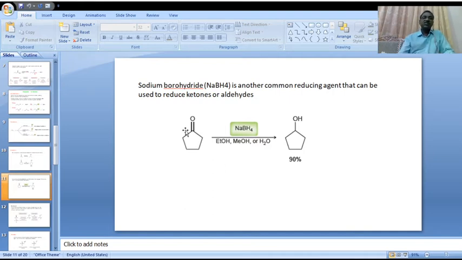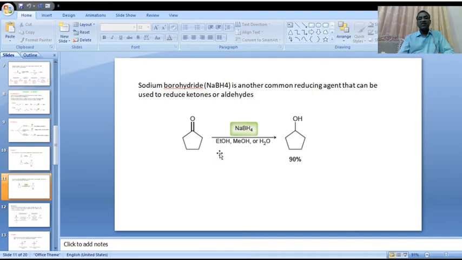Here, this is a ketone. Generally, sodium borohydride is used for reduction of ketones or aldehydes. This ketone is treated with the sodium borohydride reducing agent.